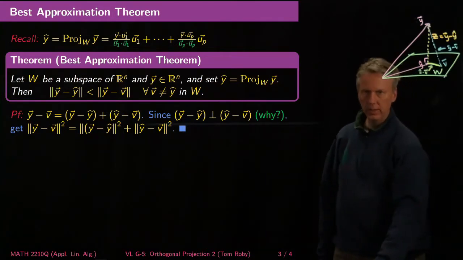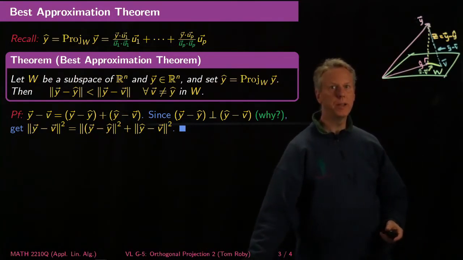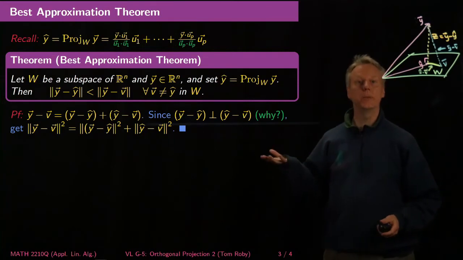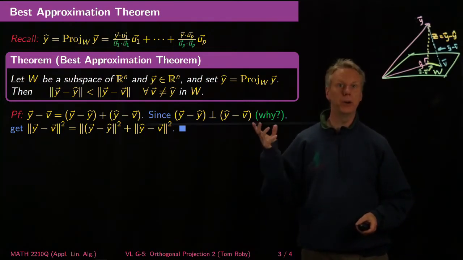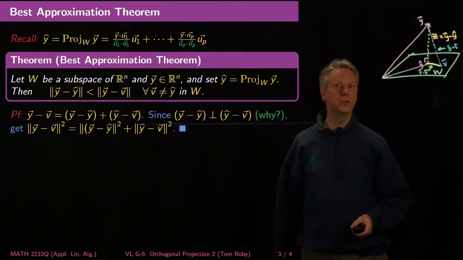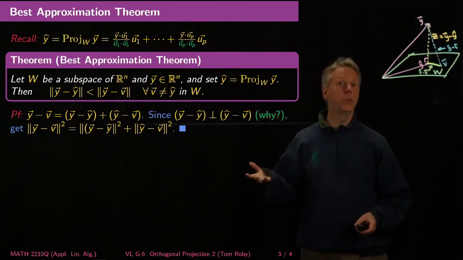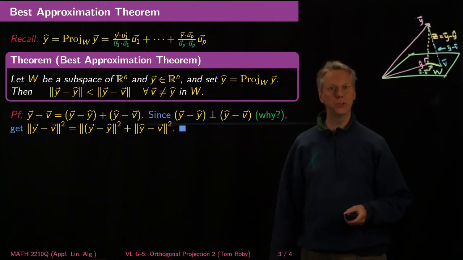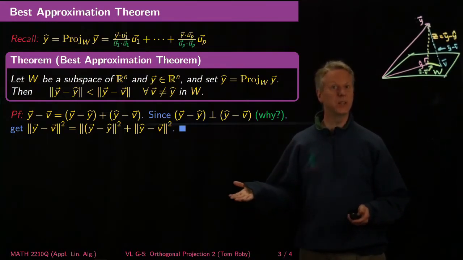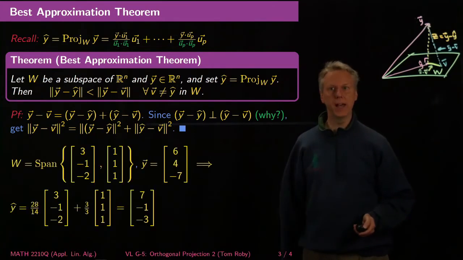So that's basically the whole proof of the best approximation theorem. It's really useful to know when something is a best approximation, because in an upcoming lecture we're going to be talking about what are called least squares solutions, where we want to find the best approximate solution to a linear system that doesn't have an exact solution. It's inconsistent, but we still need to do our best guess.